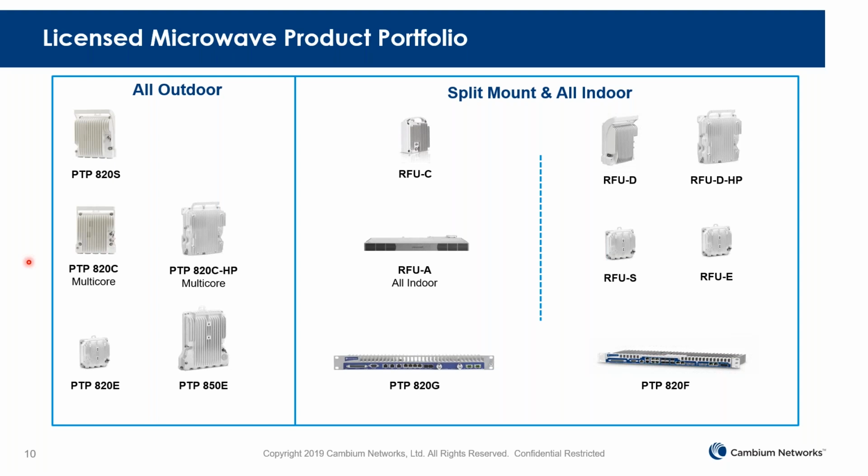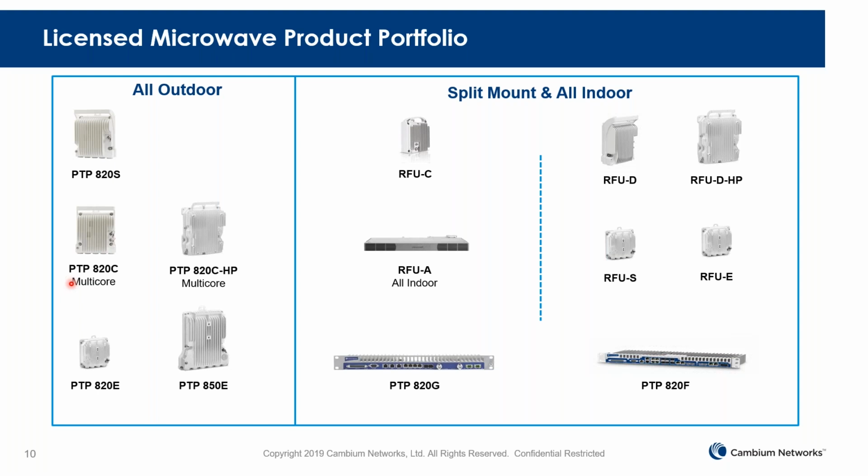So that is your choice. If you go with A20F, it depends on which direction you want to shoot, because we shoot for 3 paths, 5 carriers. If you want aggregation, then RFUD; single carrier, RFUS. Want E band for high capacity, RFUE. That is where you should go with A20F.